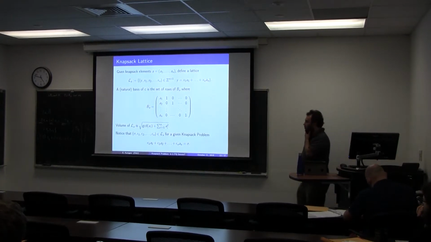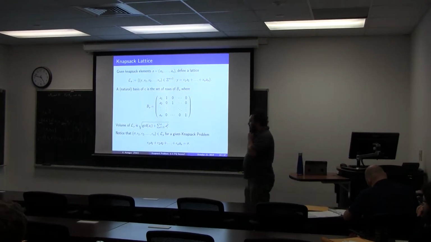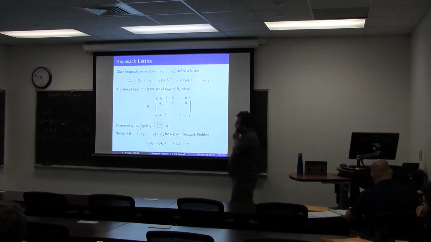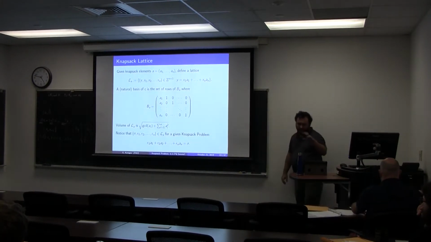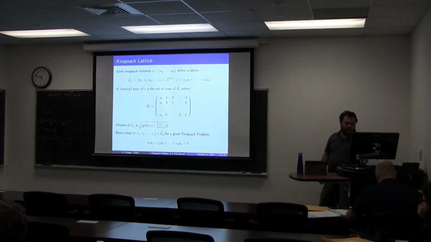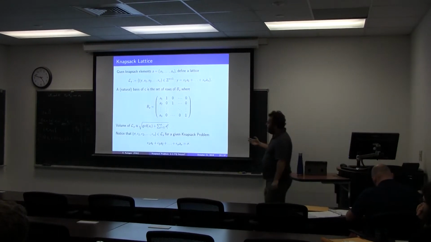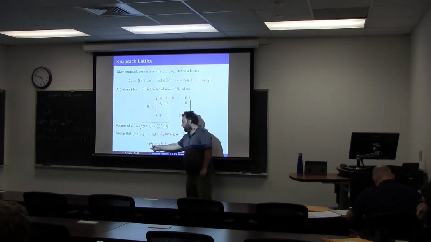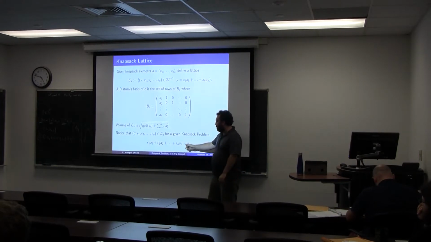And there is a good property about this lattice. You can easily compute the volume of this lattice with respect to your knapsack elements. And note that if you are given a knapsack problem, this is your knapsack problem, right? Epsilon 1 times A1, epsilon 2 times A2, epsilon n times An equals sigma.